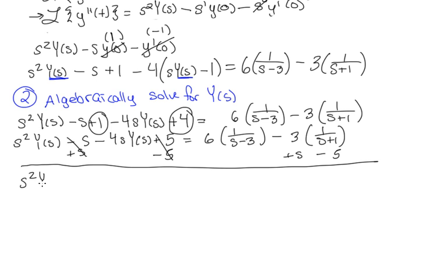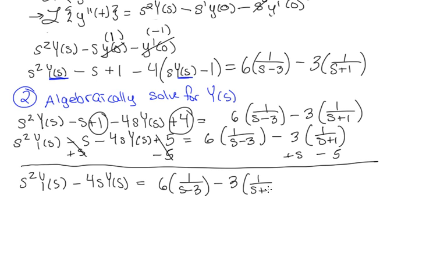To get s squared times capital Y of s minus 4s times capital Y of s equals 6 times 1 over s minus 3. Could just put that over 1 for now.